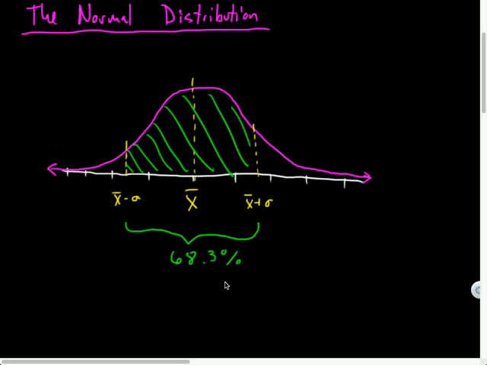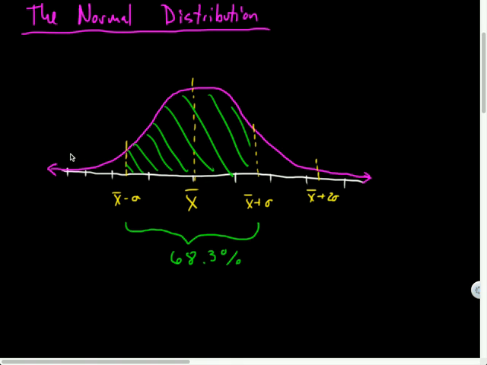All right. So 68.3% of your data is within one standard deviation of the mean, above and below. And if I go 2 standard deviations away, so whatever this distance was, this was sigma units, add another sigma, and right here would be x bar plus 2 sigma.